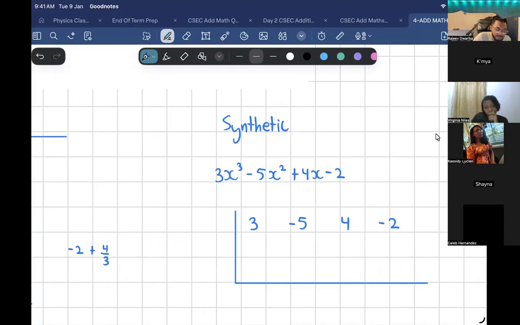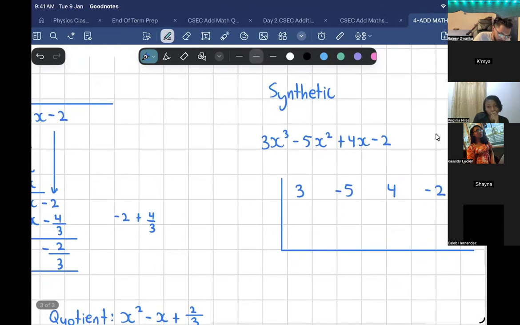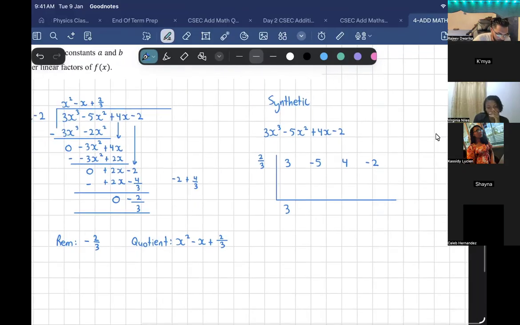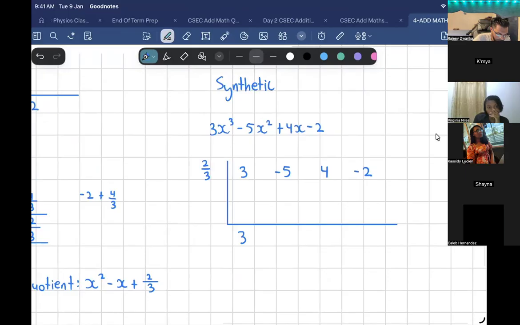And then you find x, so it will be 2/3, what you divide it for. Yeah. And you bring down your 3, and then it's 2/3 by 3, and that goes under your minus 5. So 2/3 by 3, that's 2.